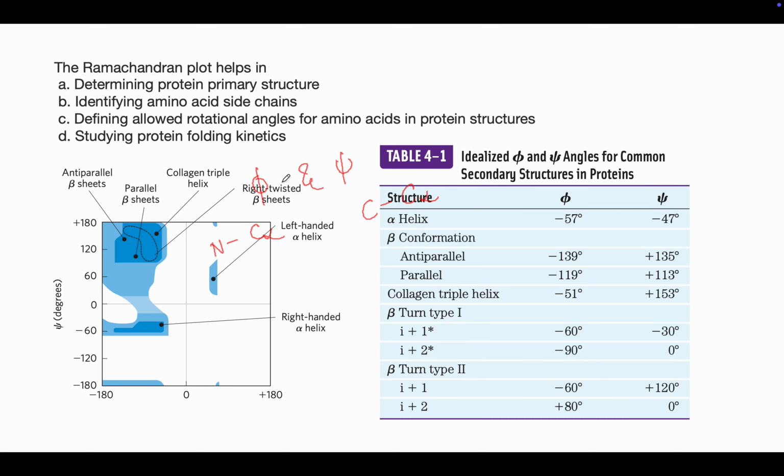By defining, I mean that it will have fixed angles, like the left-handed alpha helix will have fixed angles as shown here. Similarly, these rotational angles are fixed for different secondary structures, so different protein structures always satisfy these psi and phi angles. So the correct answer is C, defining allowed rotational angles for amino acids in protein structures.